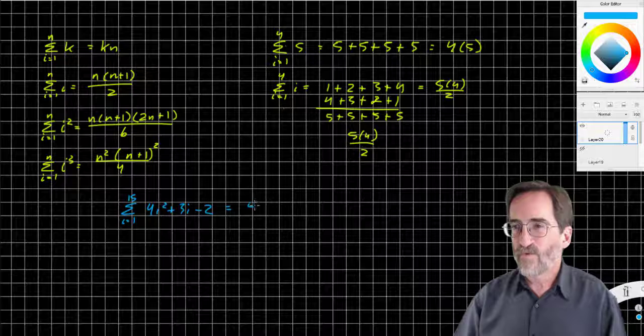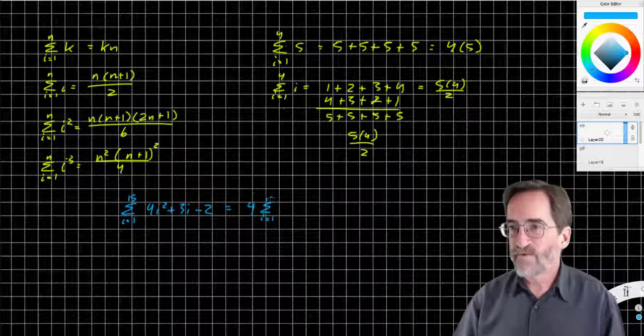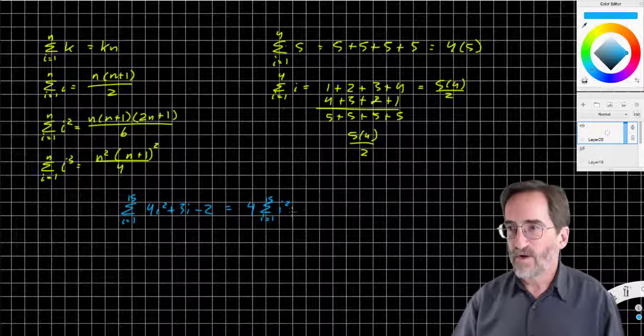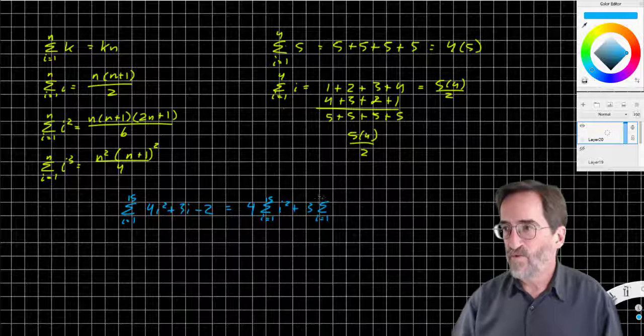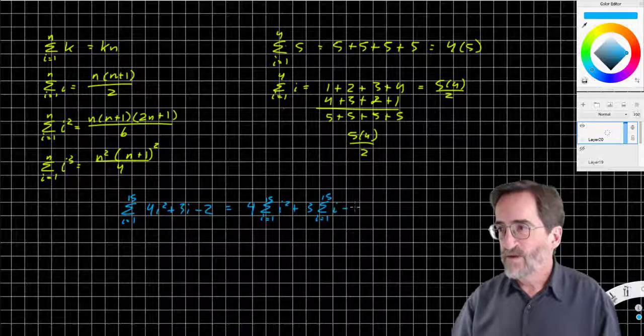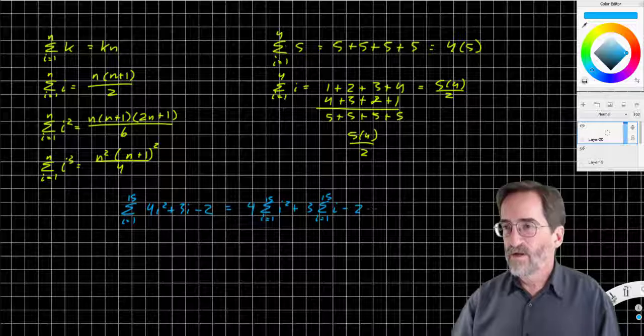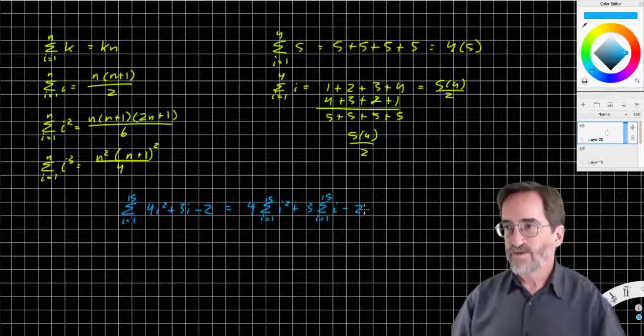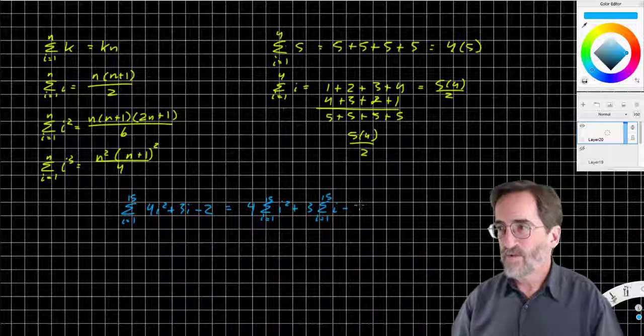That is 4 times the sum from i equals 1 to 15 of i squared, plus 3 times the sum from i equals 1 to 15 of i, minus 2, or minus the sum of 2 if you like. We'll do it that way. The sum from i equals 1 to 15 of 2.